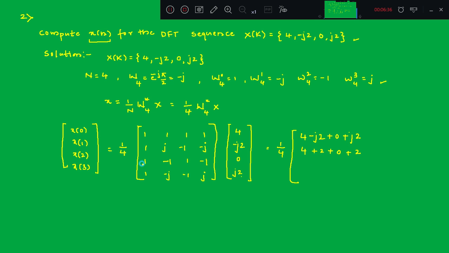Next, the third row with this column: 1 into 4 is 4, minus 1 into minus j2 gives plus j2. 1 into 0 is plus 0, minus 1 into plus j2 is minus j2. Next, 1 into 4 is 4, minus j into minus j2 gives minus 2, then plus 0, and j into plus j2 is minus 2, right?